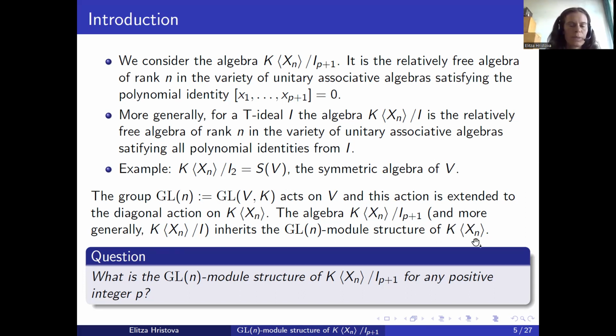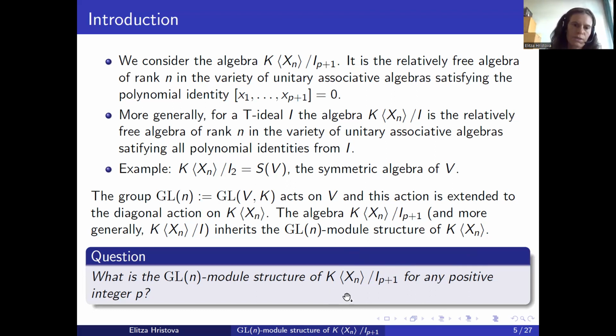And a big question in the theory of PI algebras is to describe the GLn module structure of K of Xn mod I for different classes of ideals I. And in our talk, we'll be interested in the class of ideals generated by long commutators.